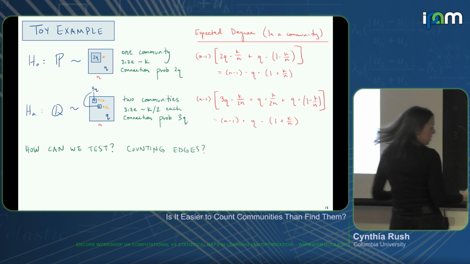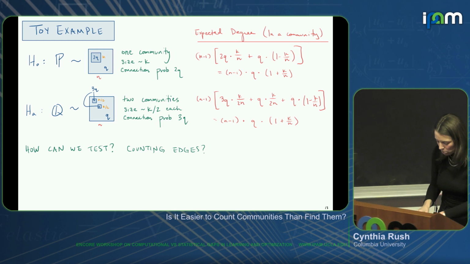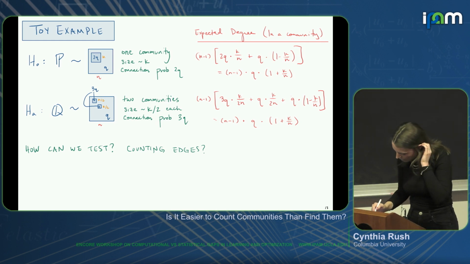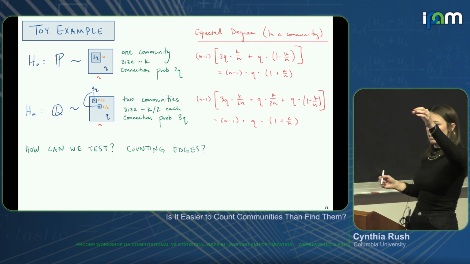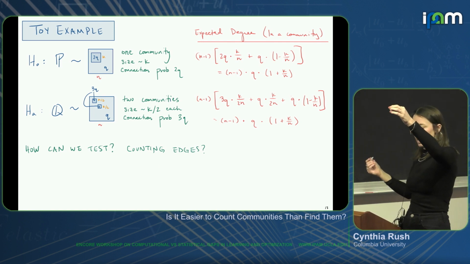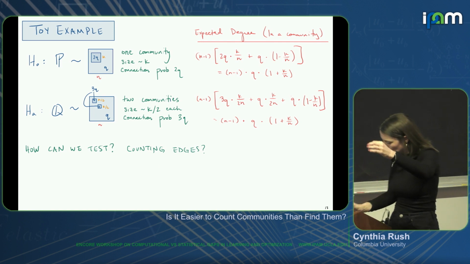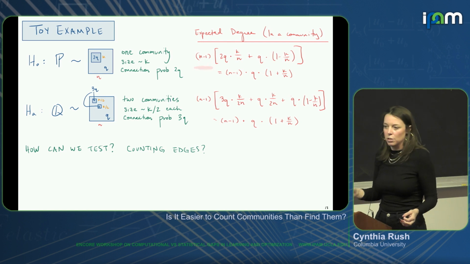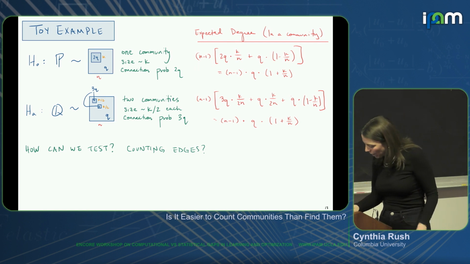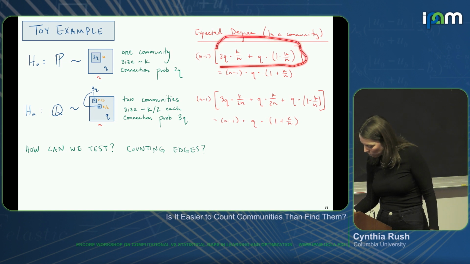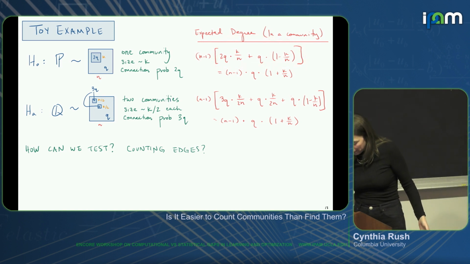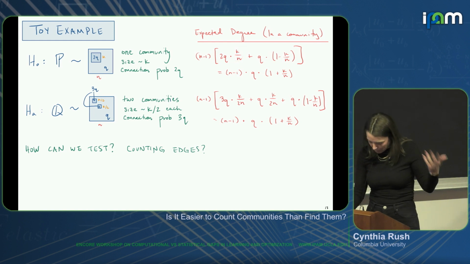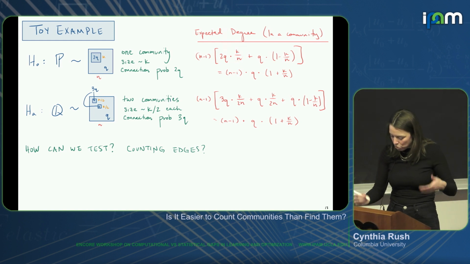So how do I get this number? In this graph, if I'm a node in the community and I want to look at my expected number of edges, well, there are n minus 1 other nodes I could connect to. The probability of connecting with any other node is the following. With probability k over n, they're in the community, and the edge probability is 2q.